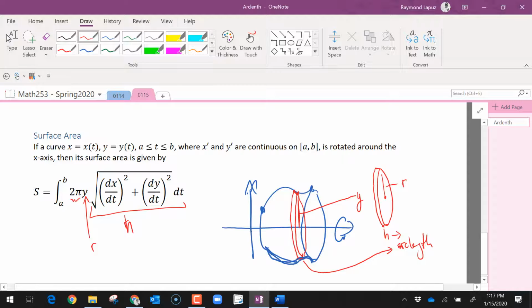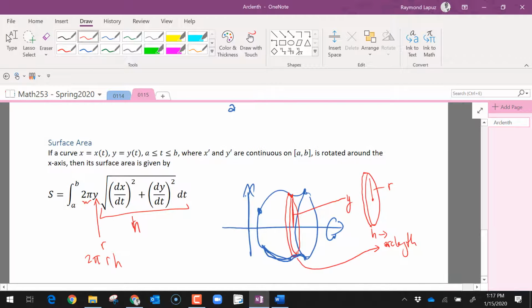And then the surface area of the side of the cylinder is 2 pi RH. So there's this 2 pi, you've got your radius R, and you've got your height H accounted for.